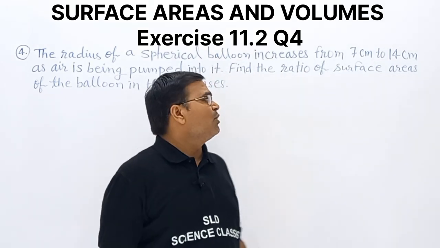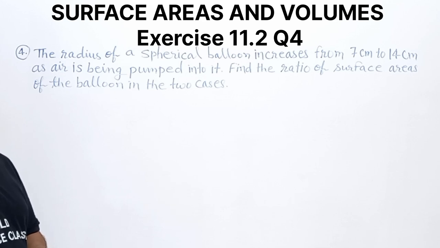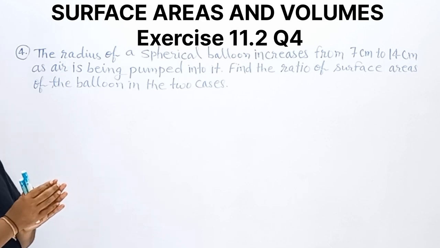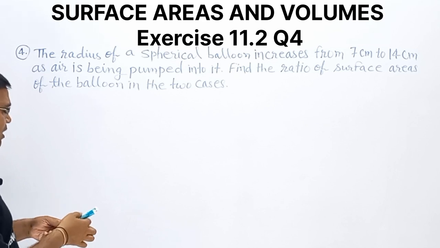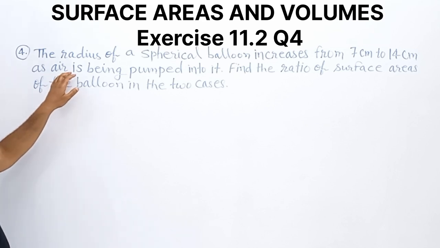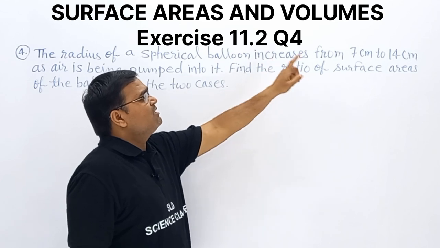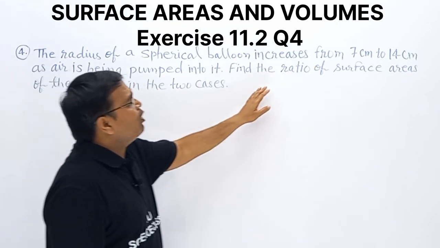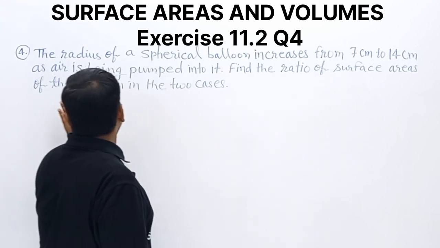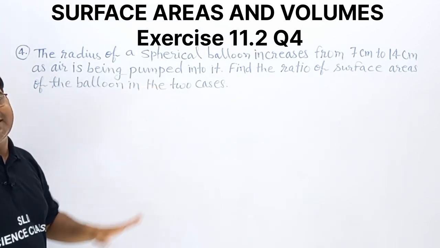It means we have two radii. One is the initial radius, 7 centimeter, and once we pump air, the radius of the spherical balloon is increased to 14 centimeter. Find the ratio of surface area of the balloon in these two cases.